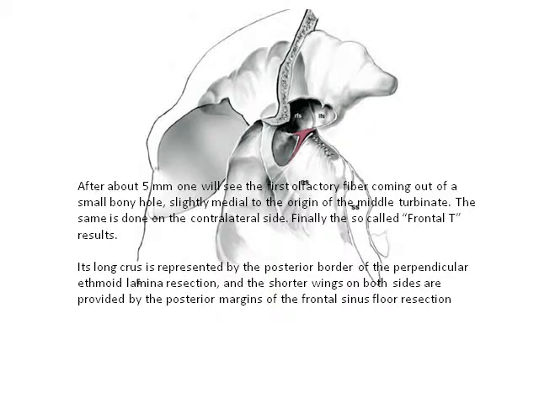This is the result of the median drainage procedure, wherein that is the right frontal sinus, that's the left frontal sinus, and that is the so-called frontal T, wherein the long crus is represented by the posterior border of the perpendicular ethmoid lamina resection, and the shorter wings on both sides are provided by the posterior margins of the frontal sinus floor resection.